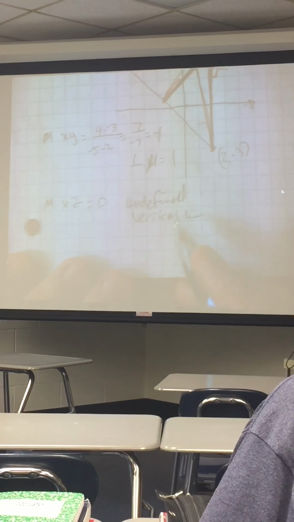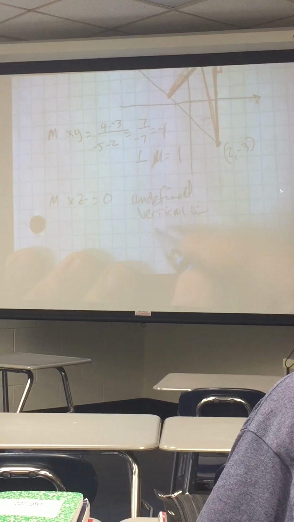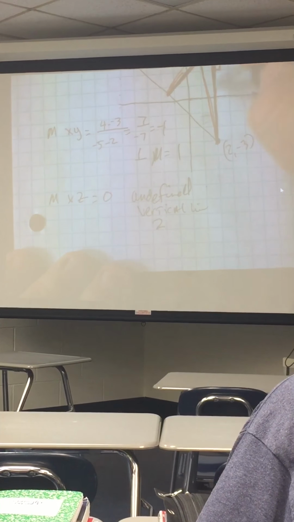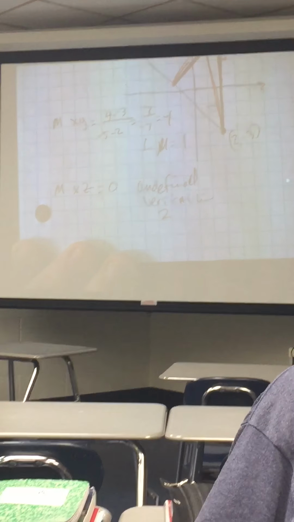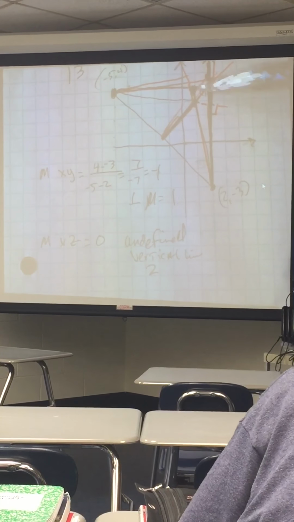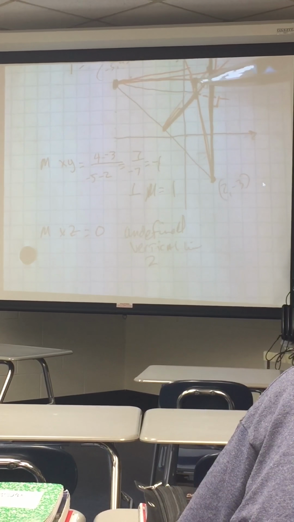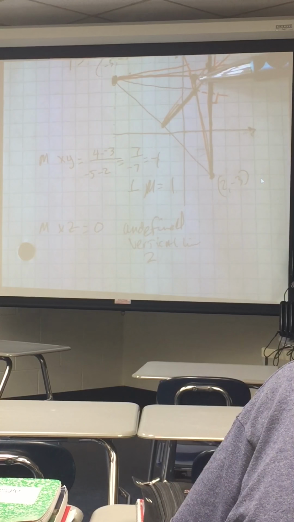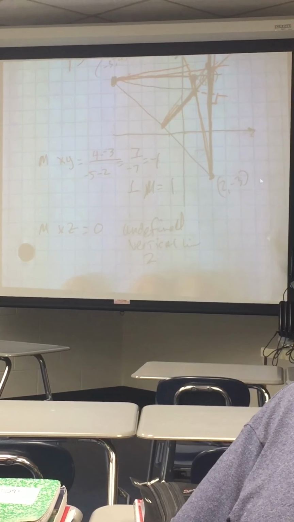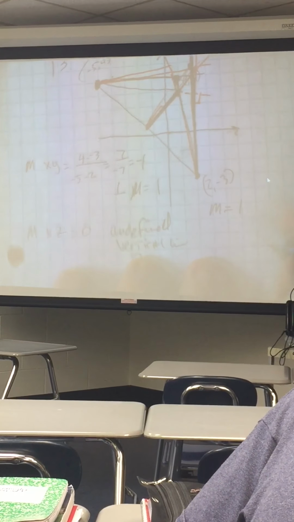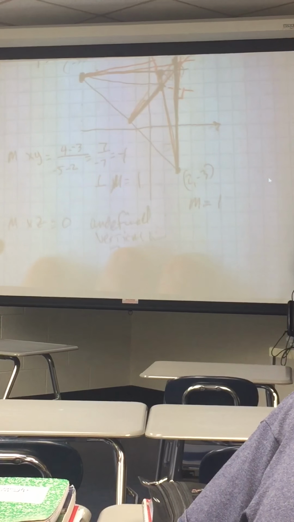And that makes the x value 2. So now if we want to find what the other coordinate is, we know that the perpendicular slope is 1 and it has to go through the coordinate of Z, which is 1, 4. So then I go slope equals 1, use the point-slope form.